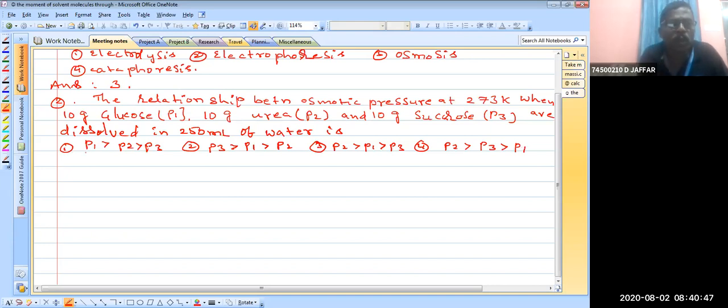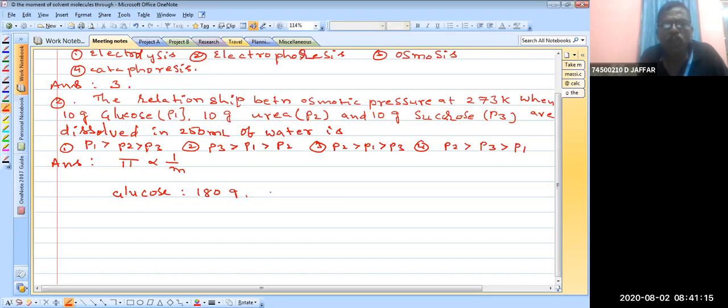See, we know that the solution for this: osmotic pressure is inversely proportional to molar mass, M. Glucose, its molar mass is 180 grams.